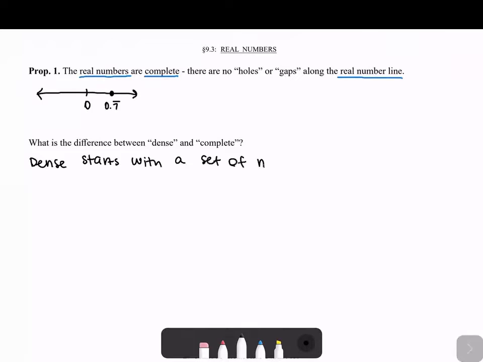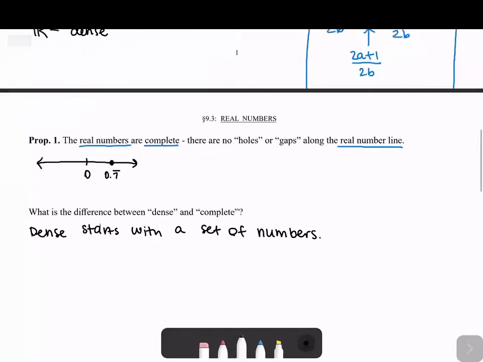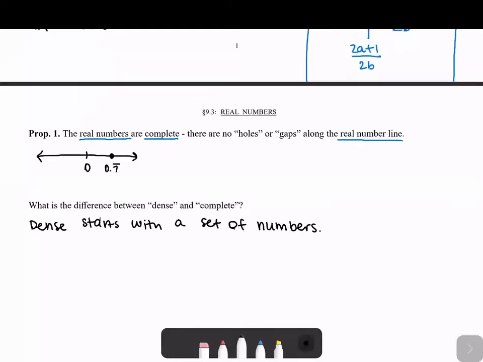a set of numbers. So we can talk about the density of, like we did in the last video, the density of the naturals, the wholes, the integers, the rationals, irrationals, and the reals. We can talk about the density of those number sets. And when we talk about the density of those number sets, what we're doing is we're taking a number line, we're looking at a value A and a value B of that number set. So we're just going to call this set of numbers S, capital S for set.